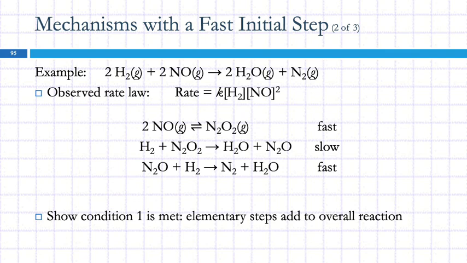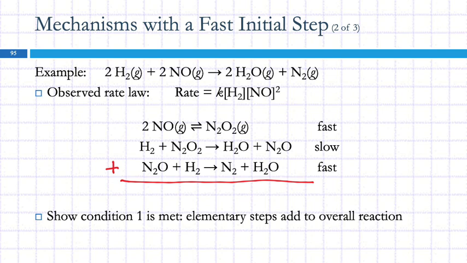So let's show that condition 1 is met. Do these elementary steps add to the overall reaction? So, get out your pencil, and let's add these up and see if it works out. Before I start writing anything down here, I'm going to look for intermediates, things that are formed and then decompose and aren't going to show up in the end.